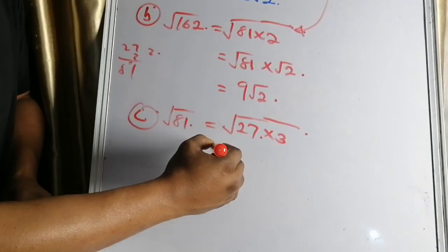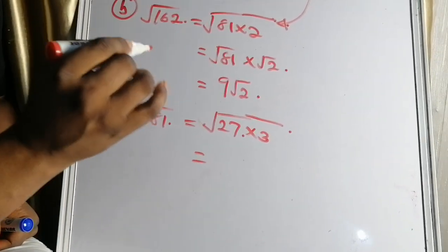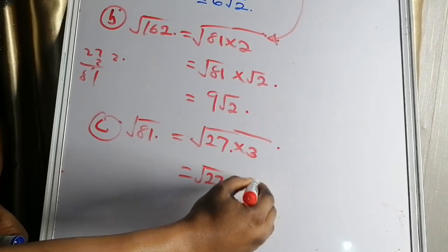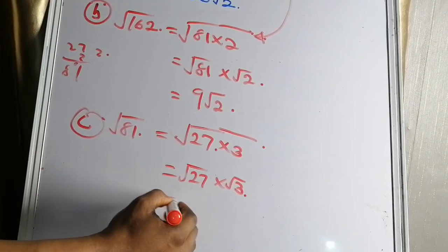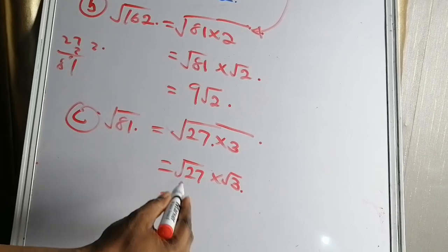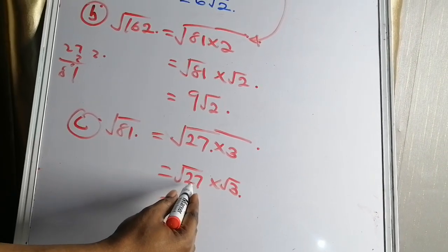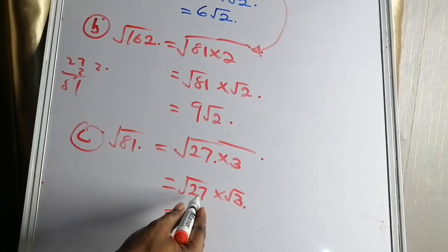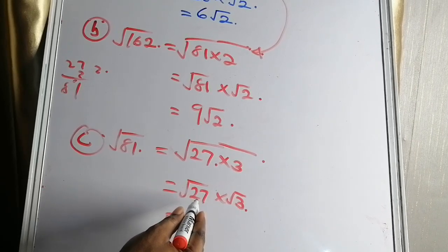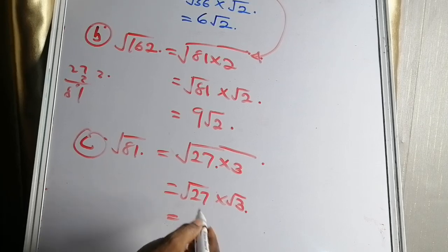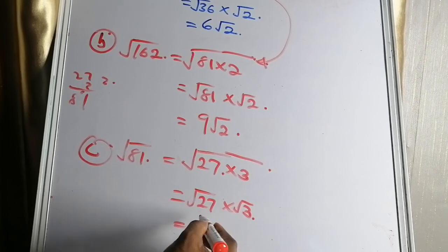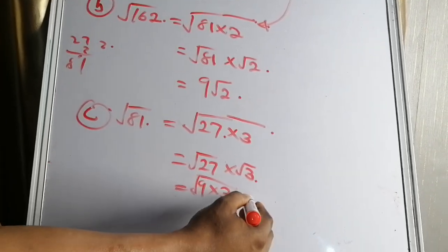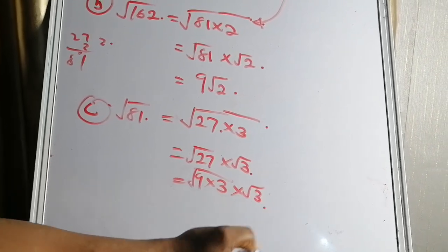From the multiplication SURD validity, I can split this to be root 27 times root 3. Root 27 can also be simplified further to be 9 times 3. So it is the same thing as root of 9 times 3, then times root 3.